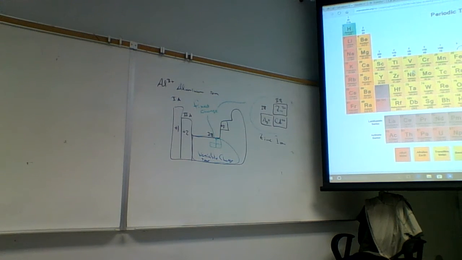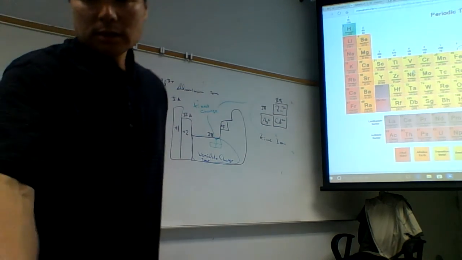Up here, each mercury has a 1+ charge. So this is monatomic here. Mercury 1 is polyatomic. The other polyatomic ion that we worry about is NH4+. NH4+ is called ammonium ion. I think these are all of them.